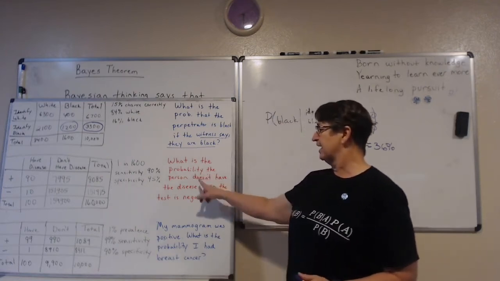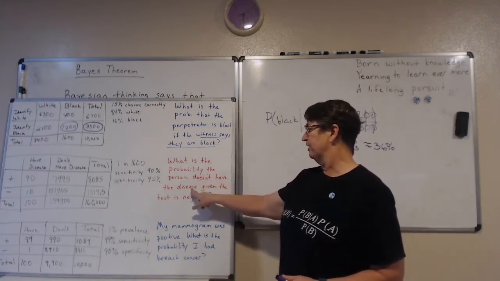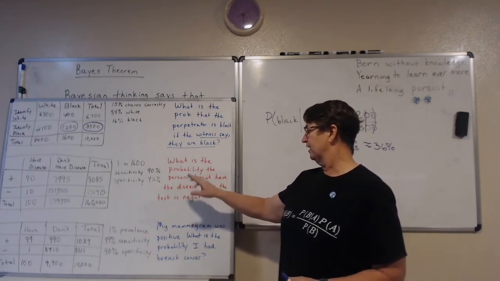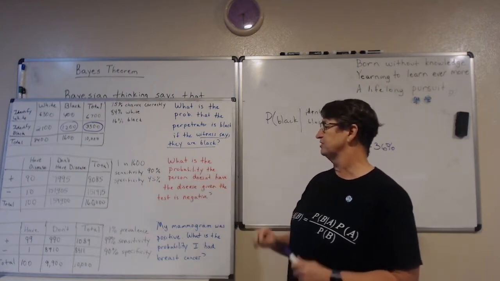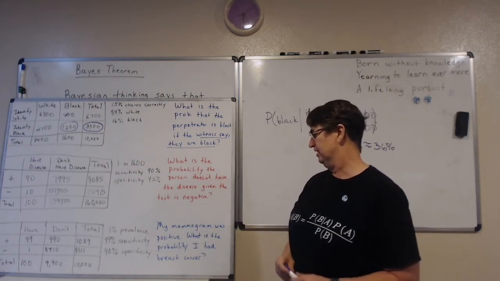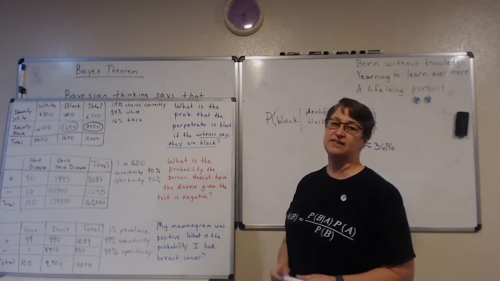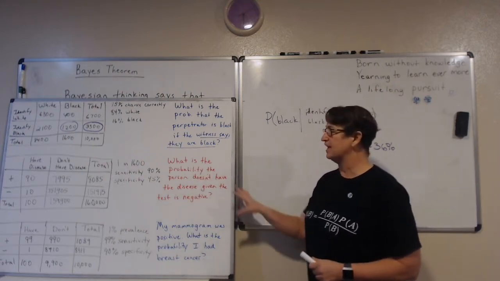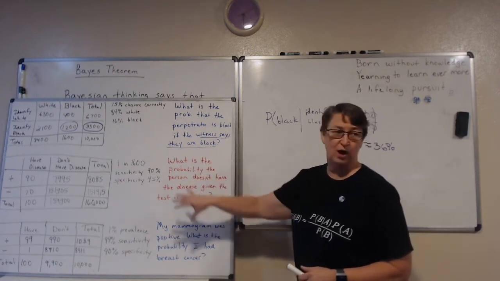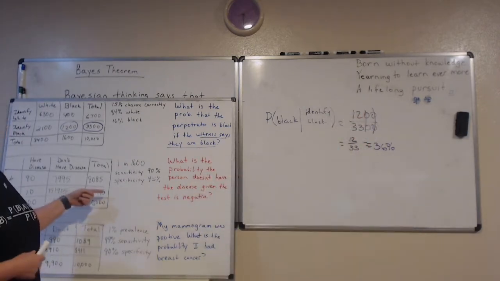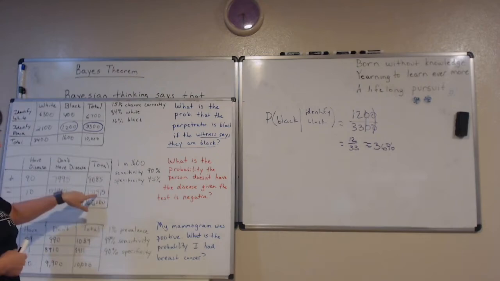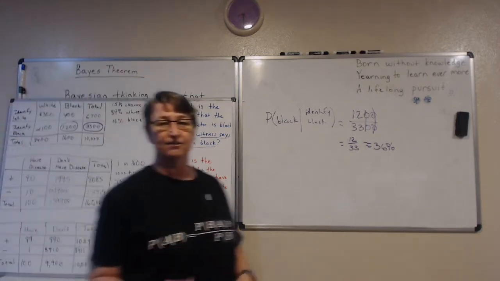What is the probability the person doesn't have the disease given the test is negative? So in this case, what do I know? We walk out of there with a negative test.